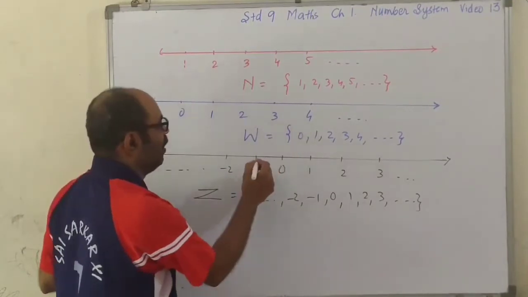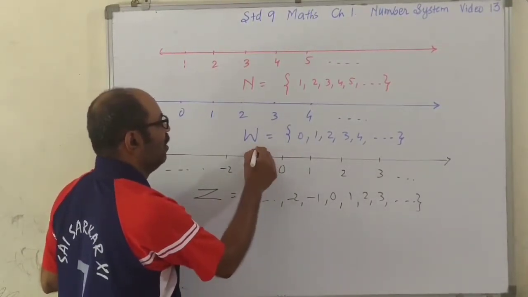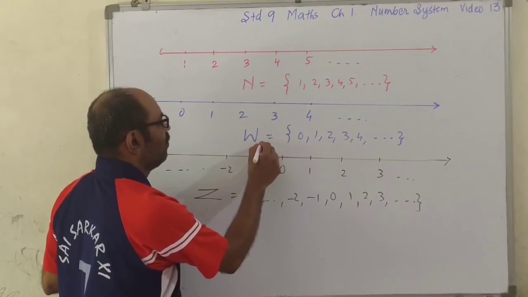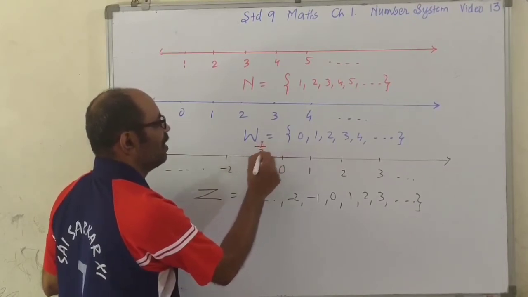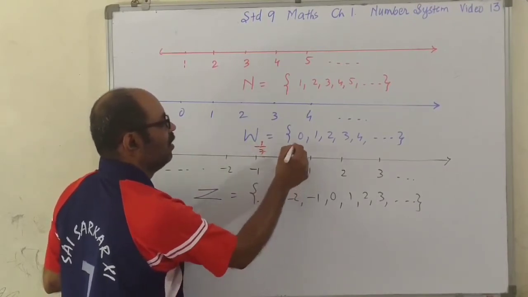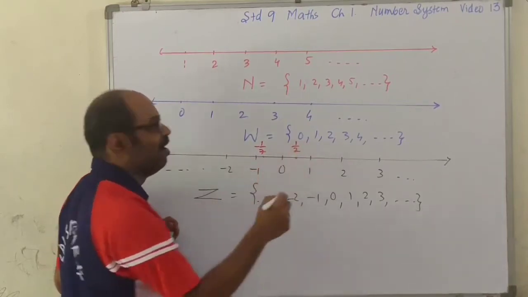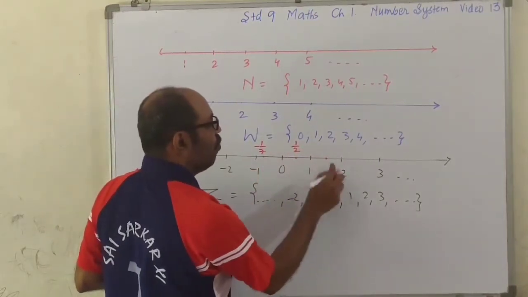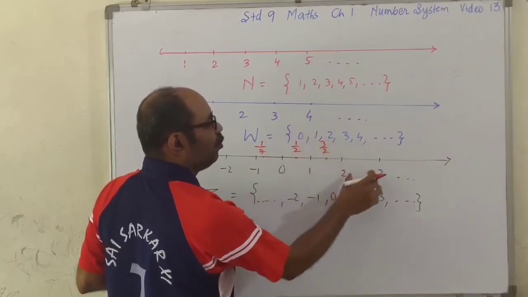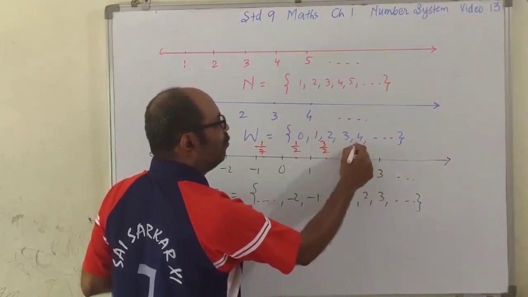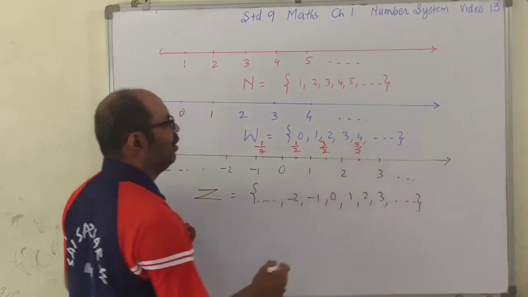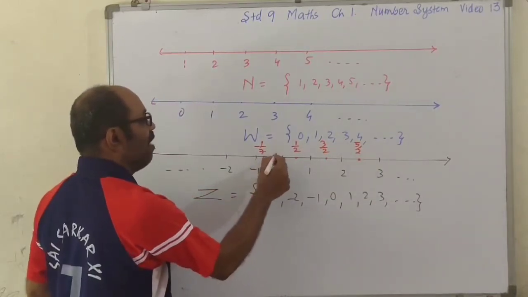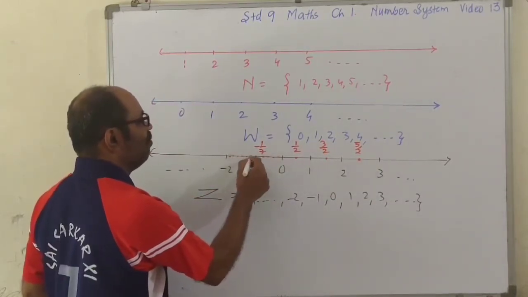I'm going to write here only now. This is minus 1 upon 7. This is 1 upon 2. If you remember, this one is 3 upon 2. 2 plus 3, 5. 5 upon 2, exactly the center. So like that you will get many numbers.